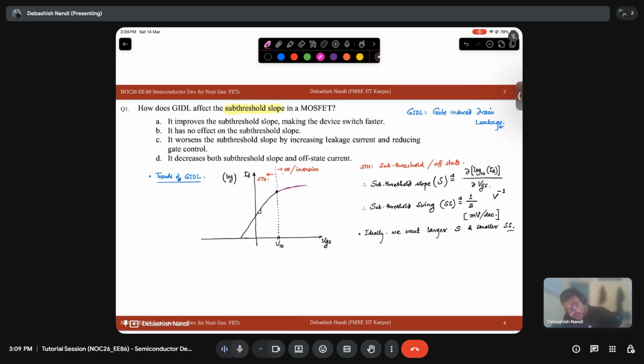If my on current is the same and my subthreshold slope is larger like this, then I have less leakage current. Less leakage if S is higher.